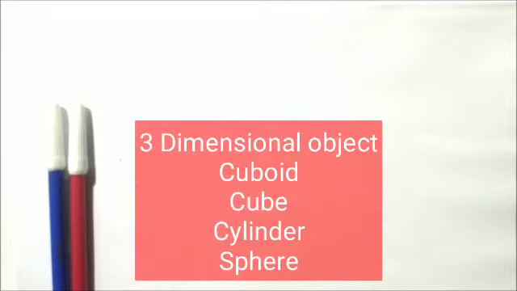We will study 3-dimensional things further, but as far as I know, in your class 7 syllabus there is no 3-dimensional object. 3-dimensional objects are like cuboid, cube, cylinder, sphere.